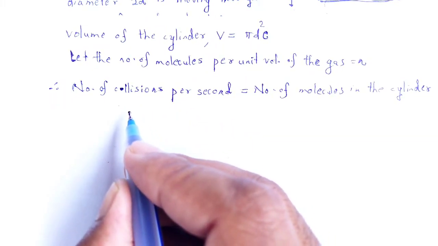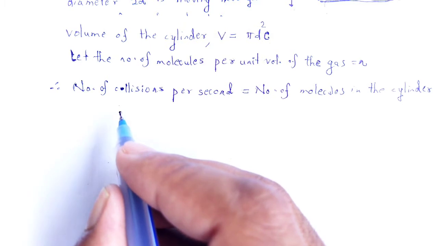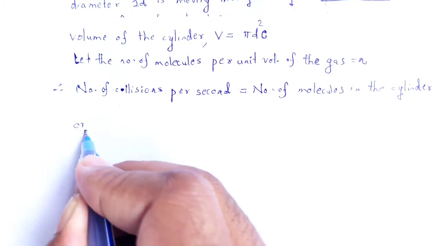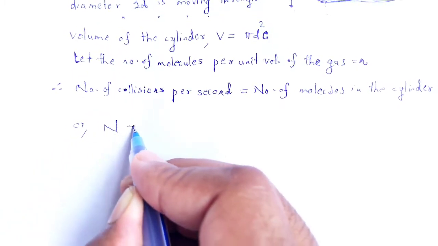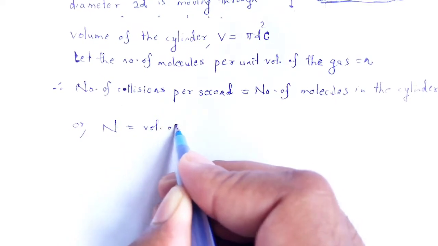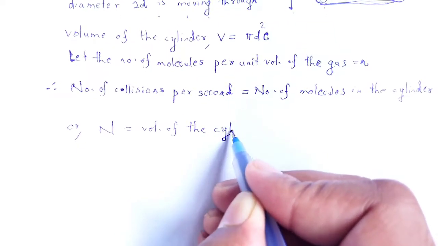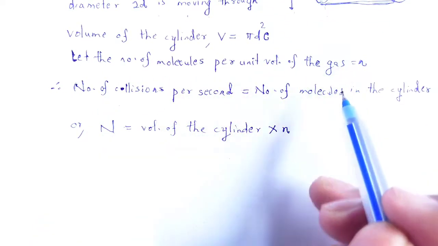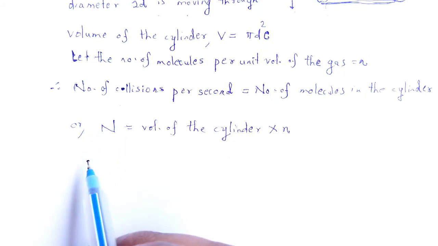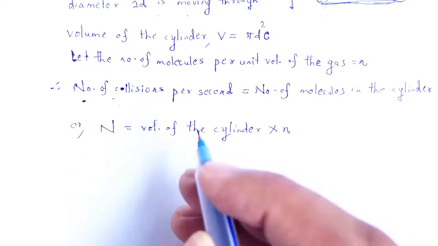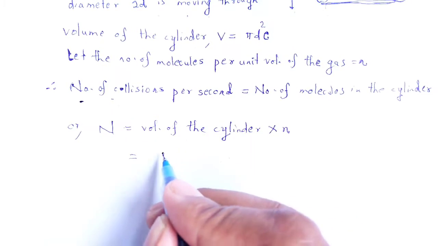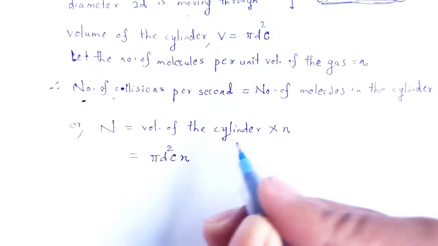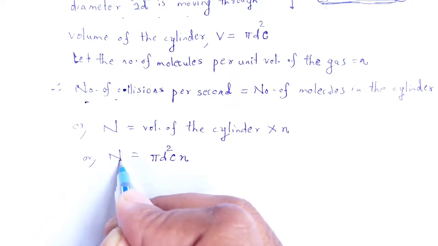That is capital N, and the number of molecules in the cylinder is the volume of the cylinder into small n, the number of molecules per unit volume in that gas. This is equal to the number of collisions per second: pi d square c into n.